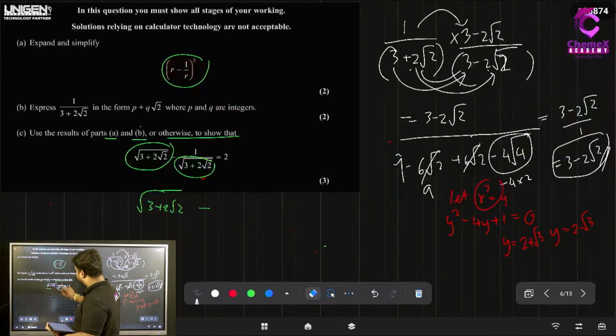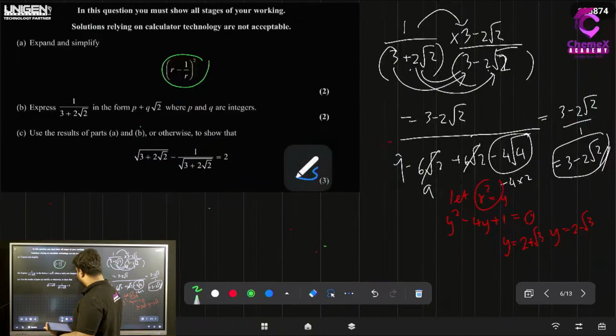Okay, let's write this in the format they gave, like the first part. So what do you get?